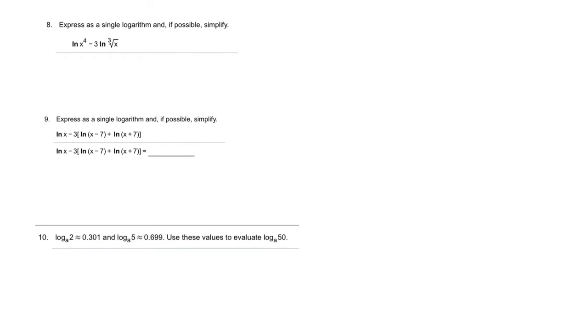Here's another one. Number 8 expresses a single log. So in order for me to express it as a single log, I have to have ln of something minus ln of something. And then I could express it as a single ln of something over something.